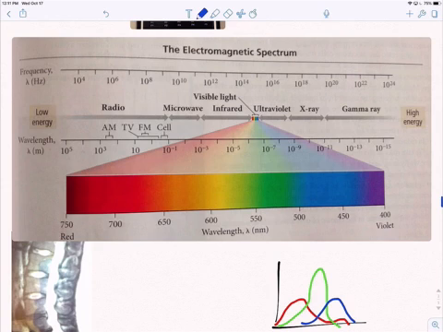Now in contemporary science, we consider infrared, visible, and ultraviolet to be light. We don't consider microwaves or X-rays to be light. So light is this branch of the electromagnetic spectrum, although all the equations work the same way for any type of radiation.